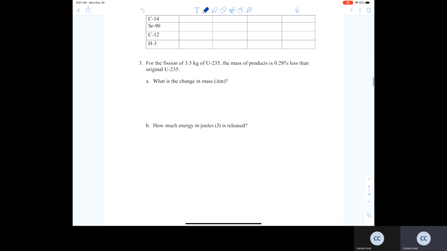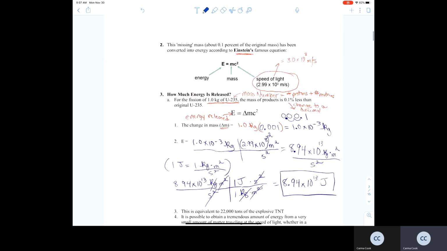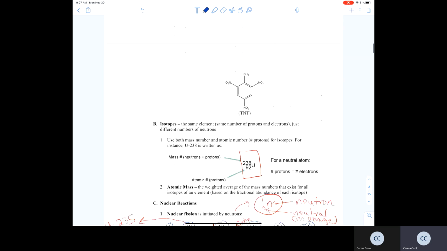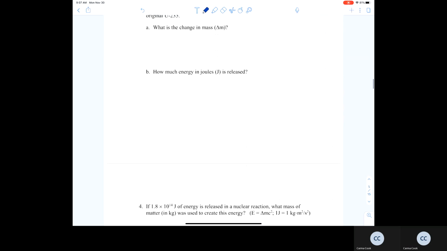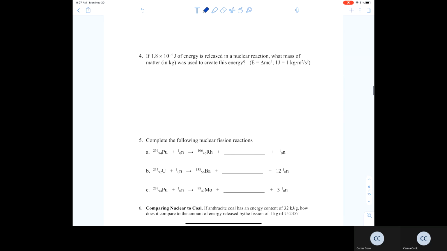Question 3 is similar to the example that I worked earlier in calculating the delta M, the change in mass, and then using that change in mass to calculate energy. For question 4, if we have 1.8 times 10 to the 14th joules of energy that gets released in a nuclear reactor, what mass of matter in kilograms was used to create this energy?